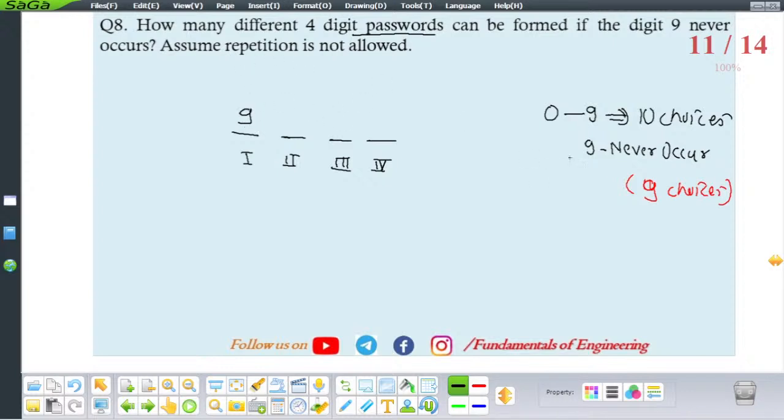Repetition is not allowed, so if we have used 1 digit, we can't use it again. Among that 9, 1 is gone, so we can use 8 at the second, 7 at the third and 6 at the fourth.